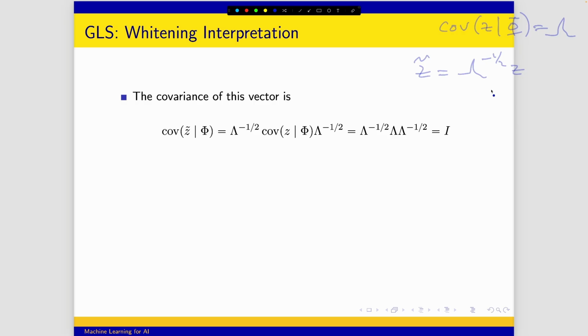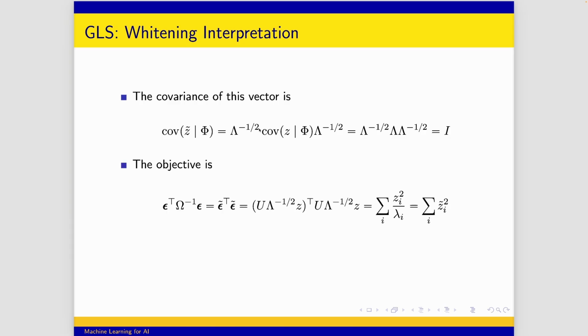So the covariance of this transformation of z will be lambda to the minus a half at the front, times lambda, times the transpose of lambda to the minus a half. But this is a diagonal matrix, so if we transpose it, we don't change it. So what we've got here is the inverse square root of lambda times lambda times this inverse square root. The whole thing will cancel. This is just the identity matrix. So the covariance of this whitening-transformed coefficient vector z in the eigenbasis is the identity matrix. So let's see what all of this means. Well, what is the objective?